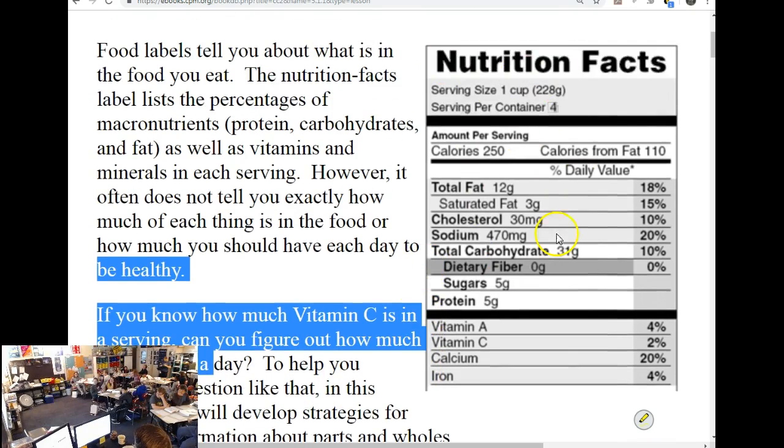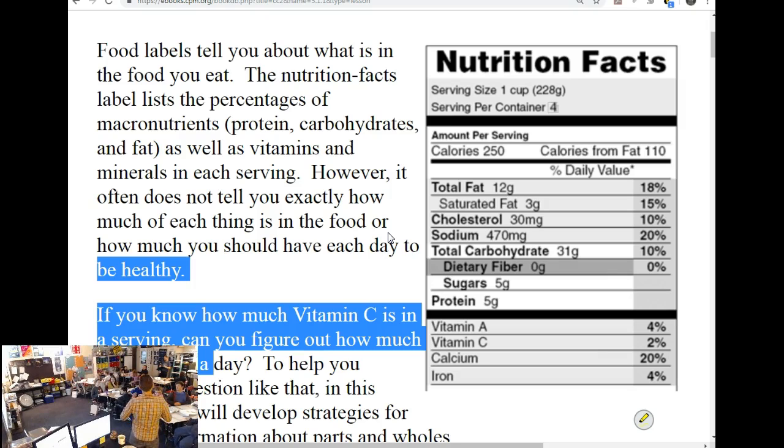Whatever this is a food label of, how much vitamin C is in a serving here? So look at the label. 2%, right? If we follow vitamin C across, there's 2%. So now that's percent of your daily value. Not that 2% of the food is vitamin C, but if you eat the food, you will get 2% of the vitamin C that you need.